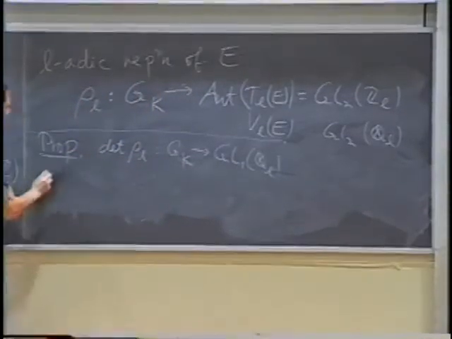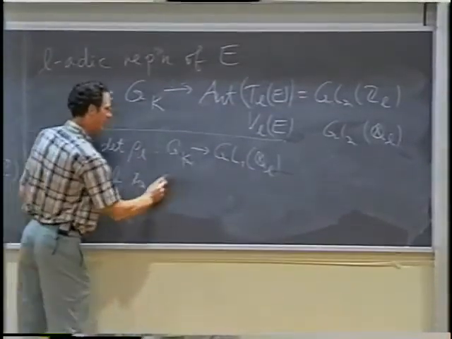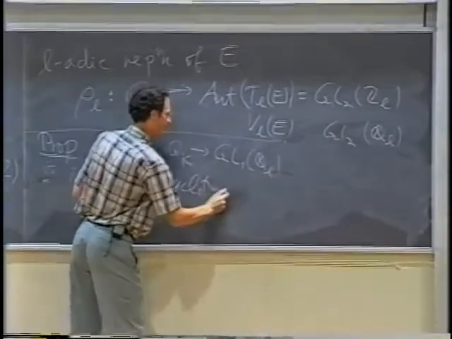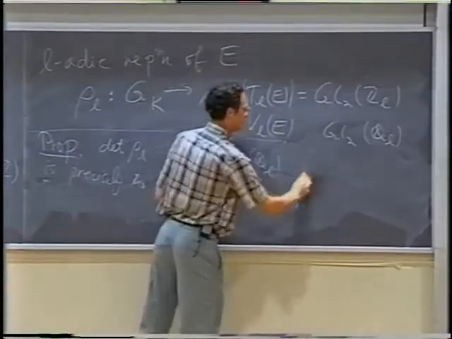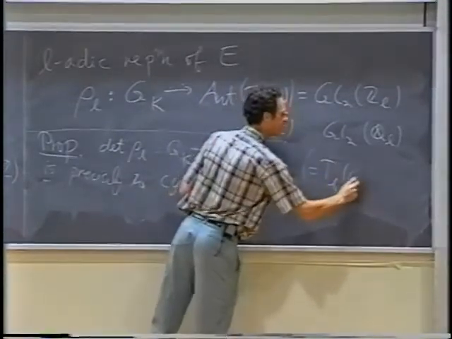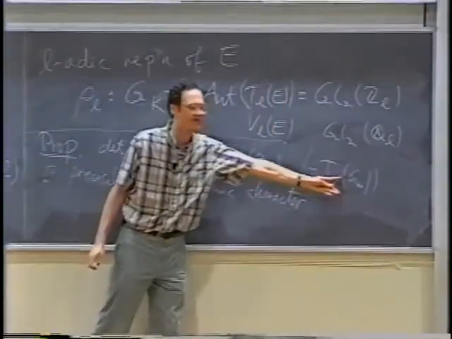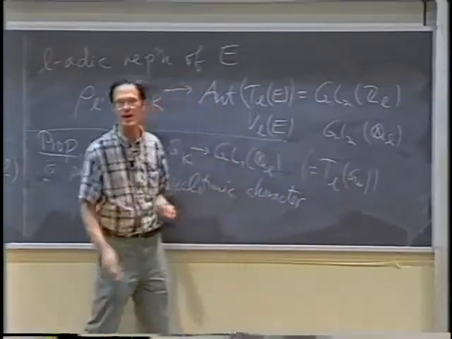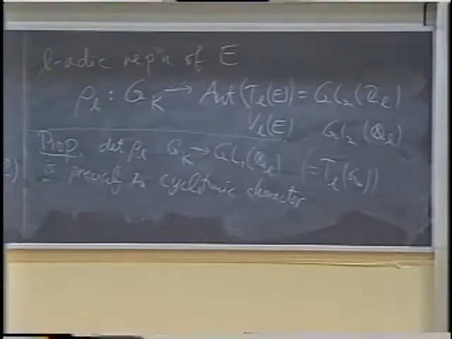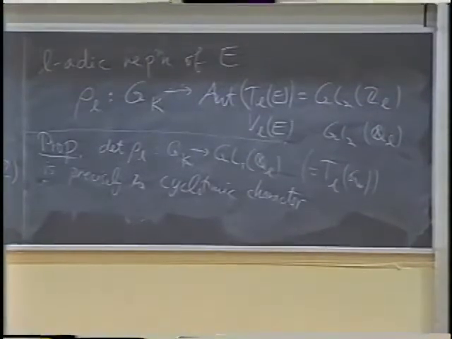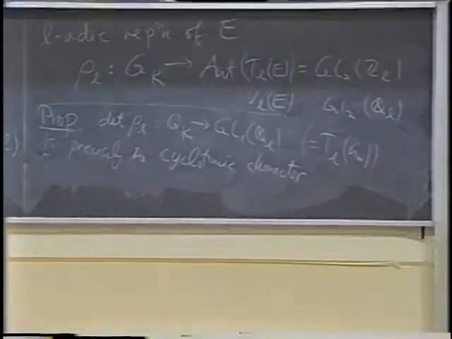And that turns out to be precisely the cyclotomic character. So people often write, it's the Tate module of the multiplicative group. The natural representation on that. This is just the L to the nth roots of unity. So it's the natural action of Galois on L-power roots of unity.